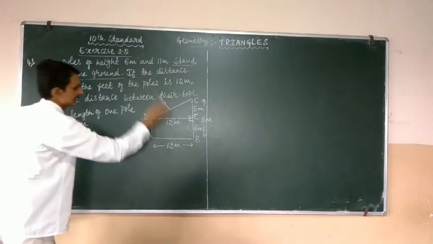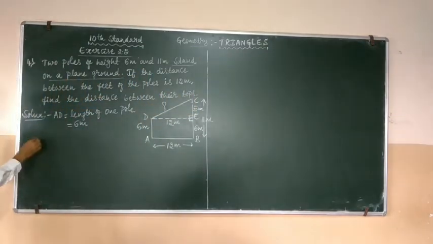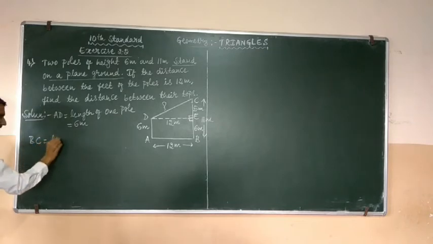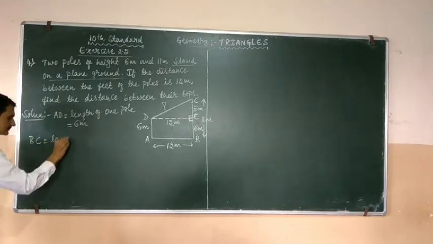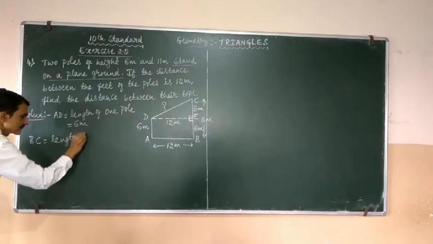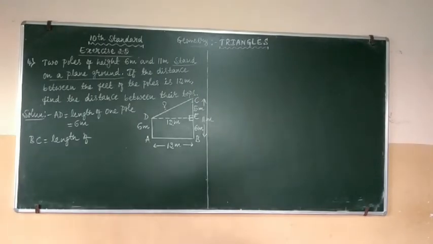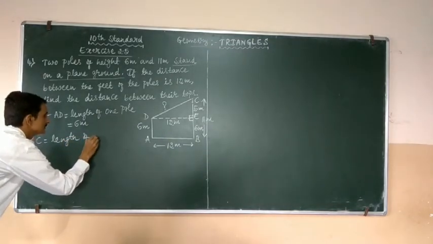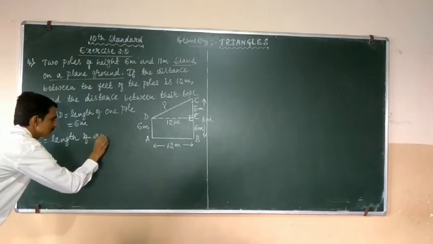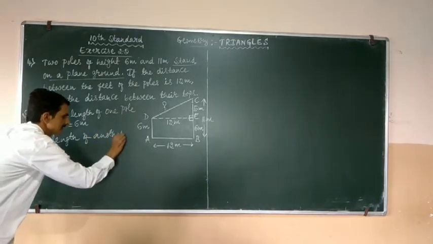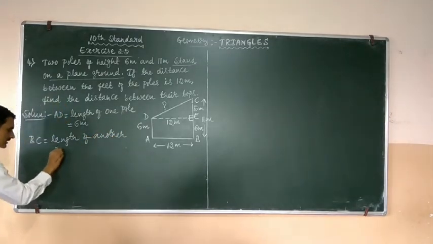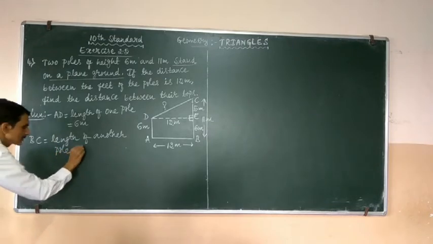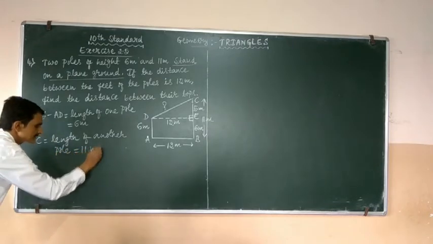Another data is given, the length of BC. Let BC equal the length of the other pole, which is equal to 11 meter.